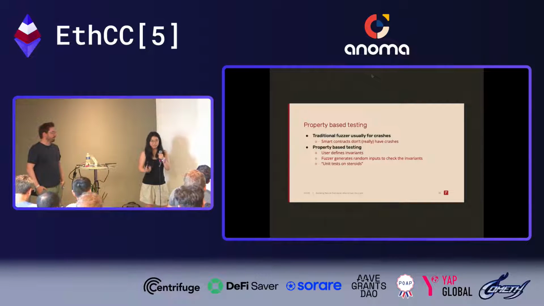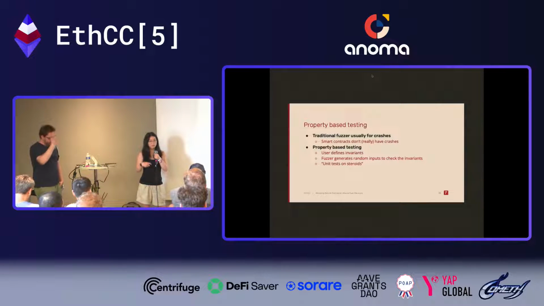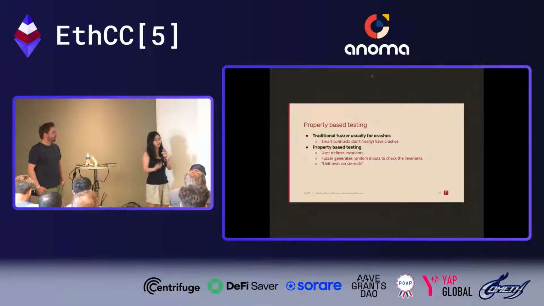But smart contracts don't really have crashes. So with Echidna, we're not going to be looking for smart contract crashes. We're thinking of this from a different angle: what are the properties that you want to hold true within the code base? From a developer standpoint, what needs to be true in a code base. It's basically like unit testing on steroids.